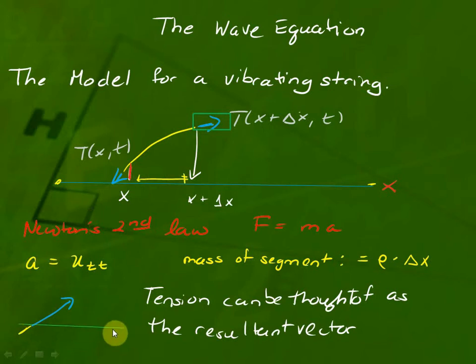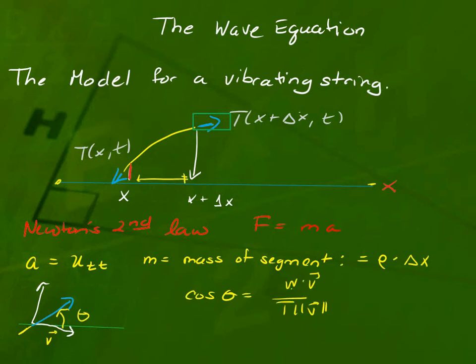The tension can be thought of as a resultant vector. Right? So you can think of it as being the resultant vector between two pieces. Well, we know how to find the angle between, right? There's a formula for it. And if we assume that the magnitude of v is 1, it turns out that that vector v that I've drawn here at the bottom, I can actually crank out the magnitude and it becomes T times cosine theta.